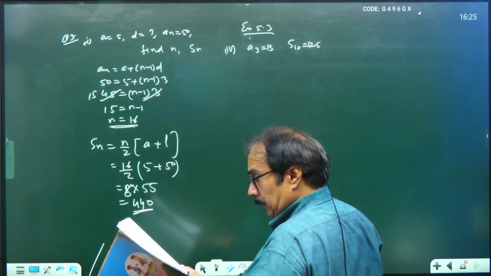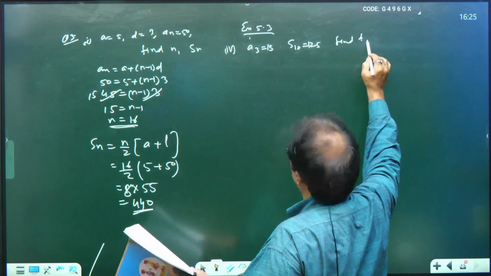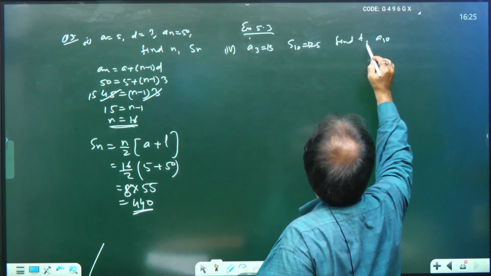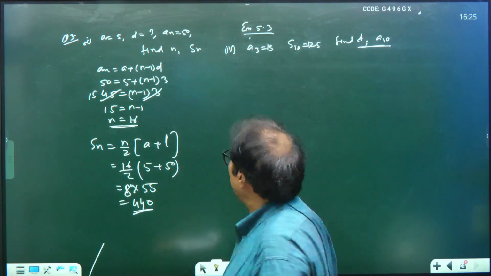S10 is equal to 125. We have to find d as well as a10. Okay, we have to find the value of d and the value of a10.